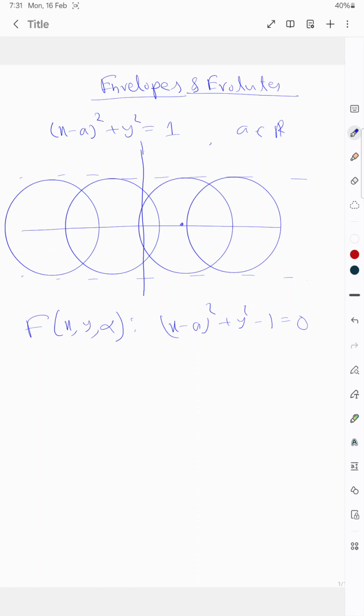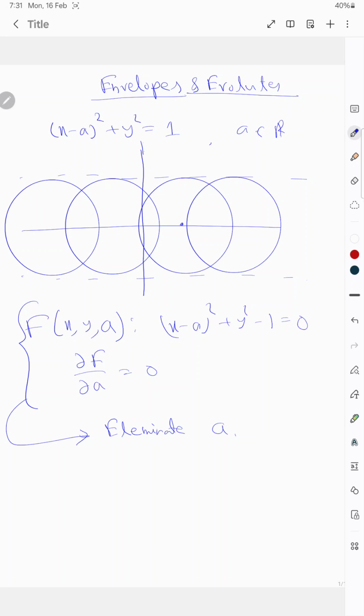Basically this is very basic. You have to eliminate your alpha, or this parameter a, using f equal to 0 and del f del a equal to 0. From these two equations, your job is to eliminate a.